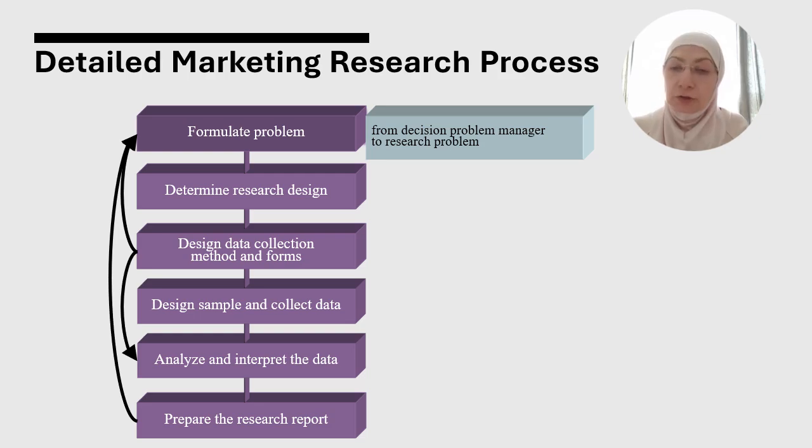So the research problem would be, okay, what are the reasons behind the change in sales numbers in comparison with the same period in previous years? That means management thought maybe it's because of quality changes, because they changed their outsourcing manufacturer. But as a researcher, you explore this further.